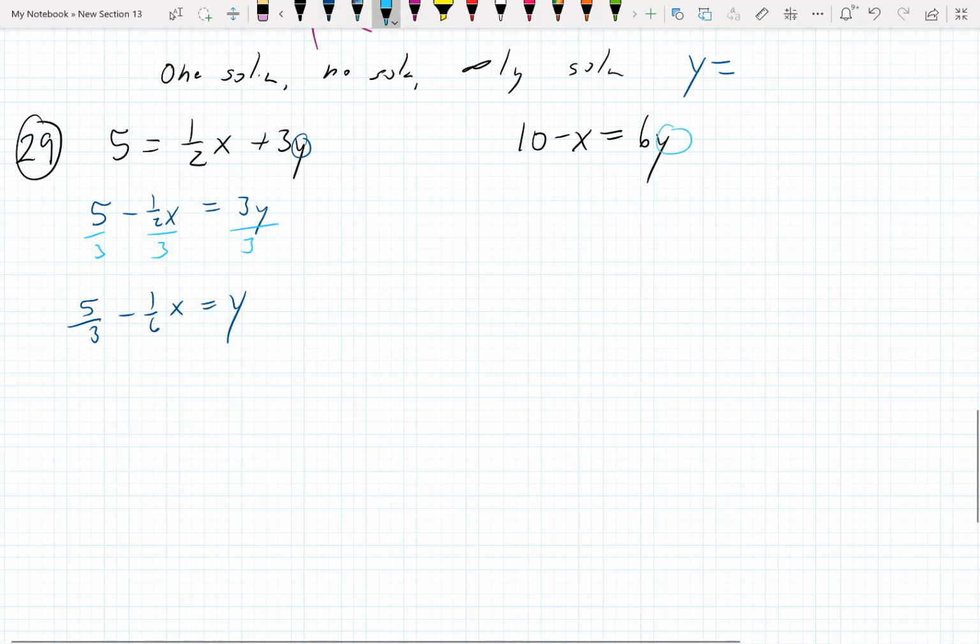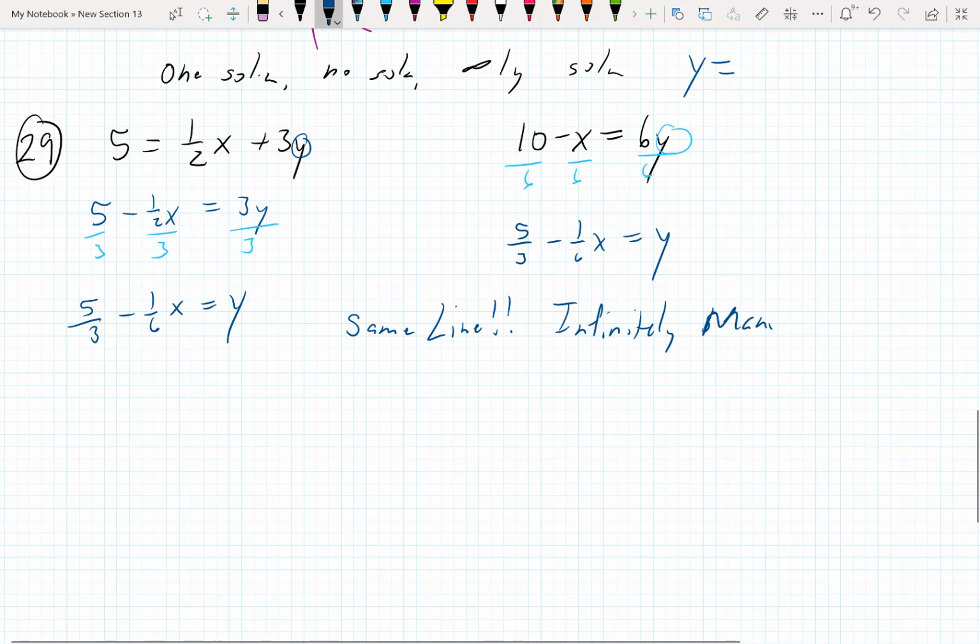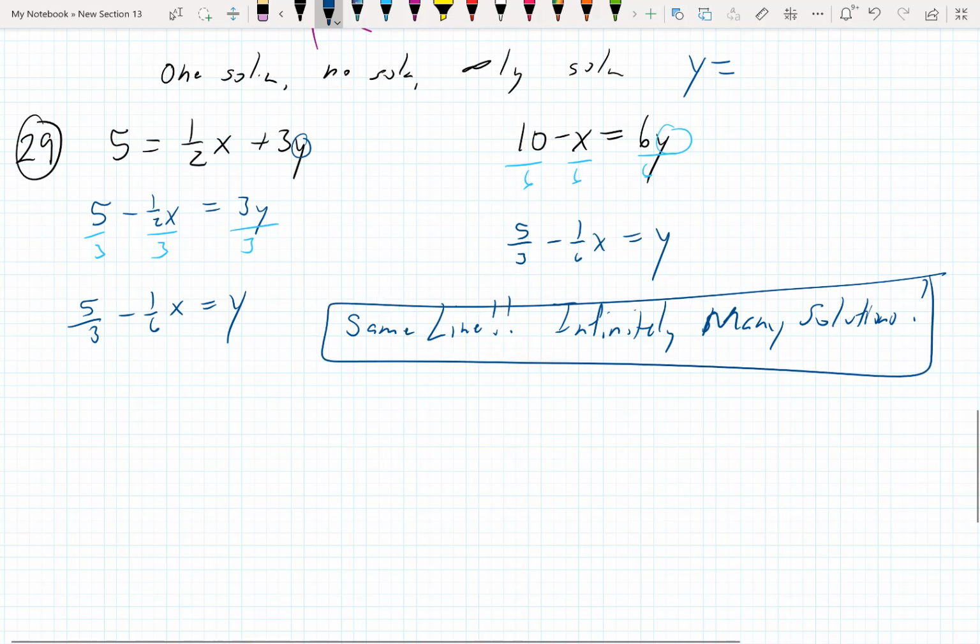And then if I solve for y in this one, I'm going to divide both sides by 6, and I'm going to get 5/3 minus 1/6 x equals y. Huh. So it looks like they are the same line again. And in that case, they have infinitely many solutions. Ta-da! And that's all they wanted to know.